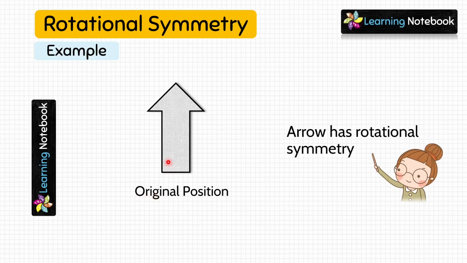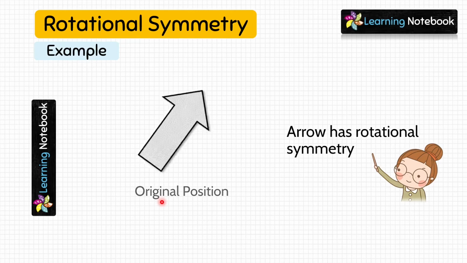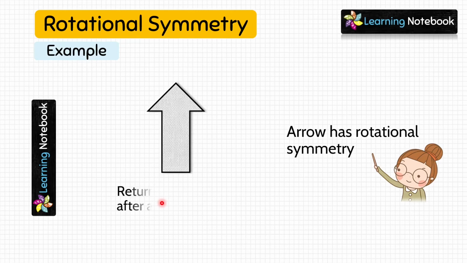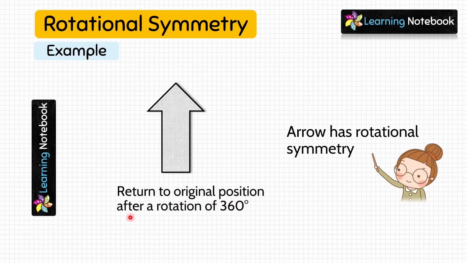This is the original position of this arrow. Now this arrow will have rotational symmetry if it returns to its original position after rotation of an angle. Like if we rotate this arrow, it returns to its original position after the rotation of 360 degrees.